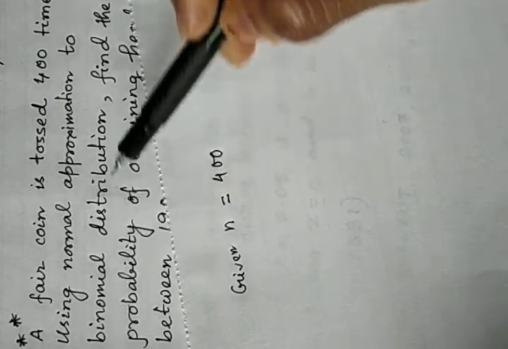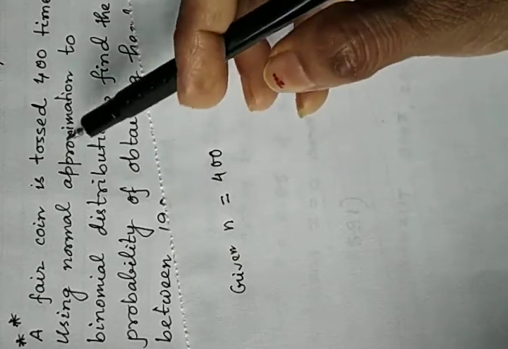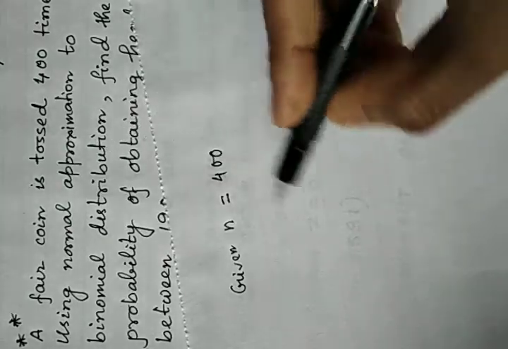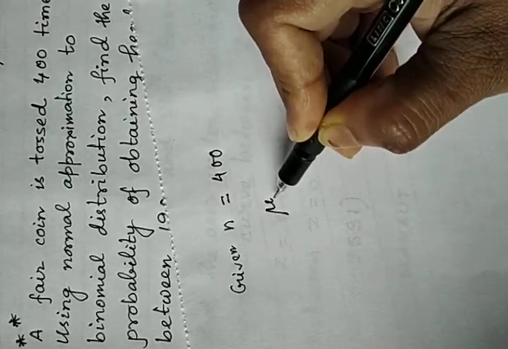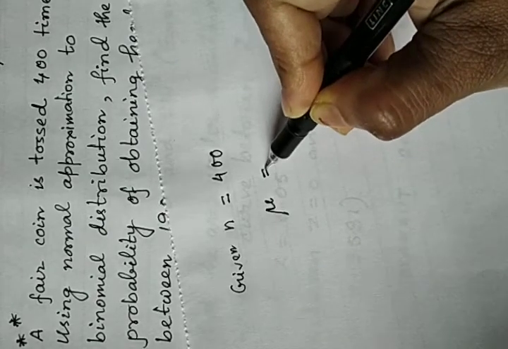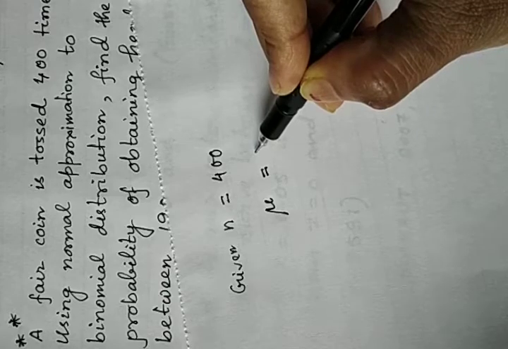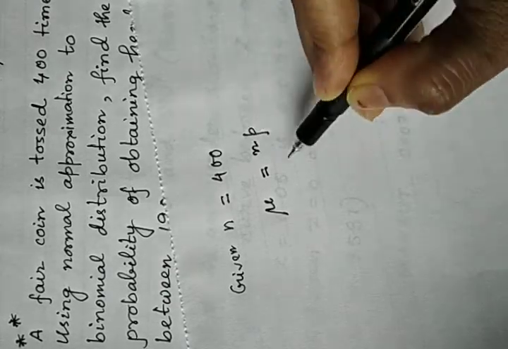Using normal approximation to binomial distribution, the mean in normal distribution is equal to the mean in binomial distribution, which is np.